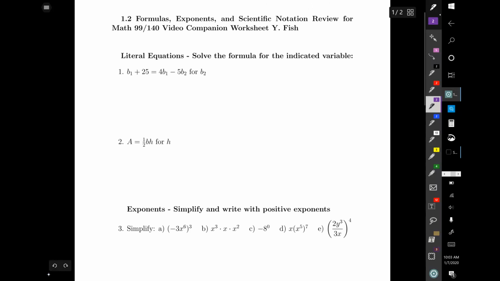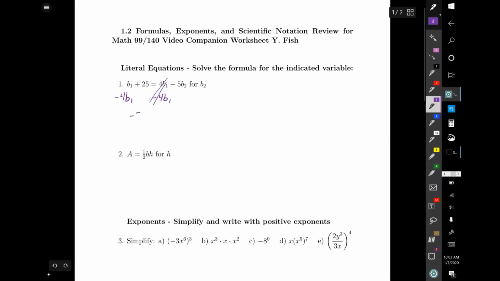So I'm going to subtract 4B sub 1 from both sides. I do have another B sub 1 on the left hand side, so that will become negative 3B sub 1 plus 25 on the left hand side equals negative 5B sub 2.